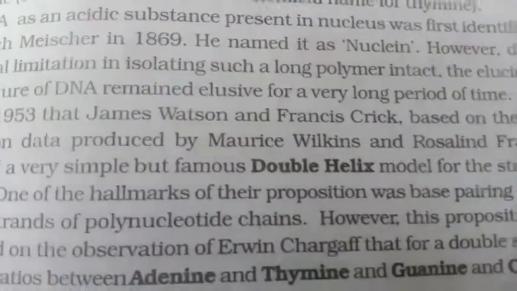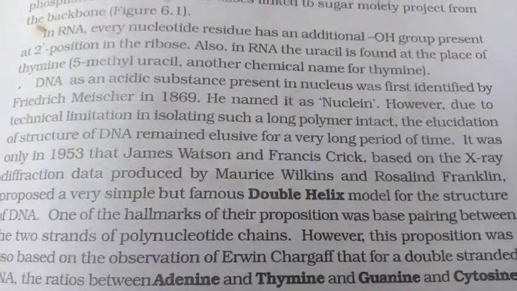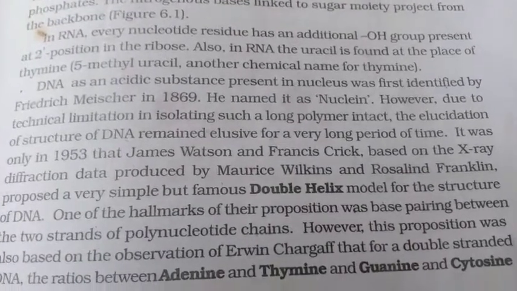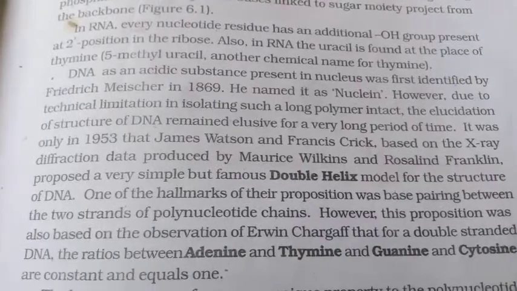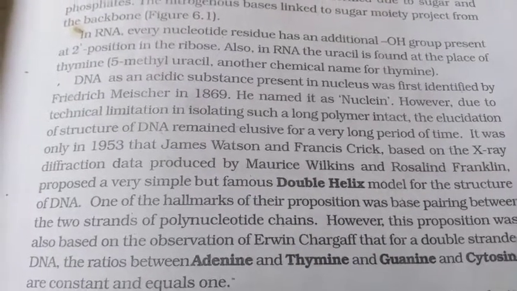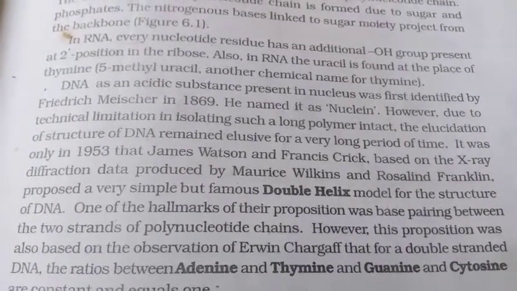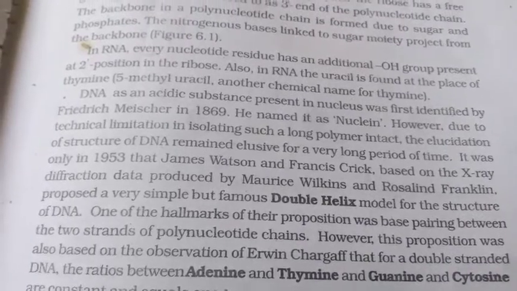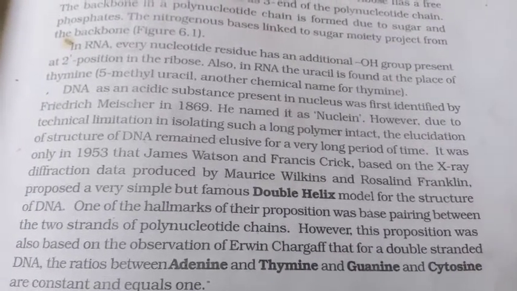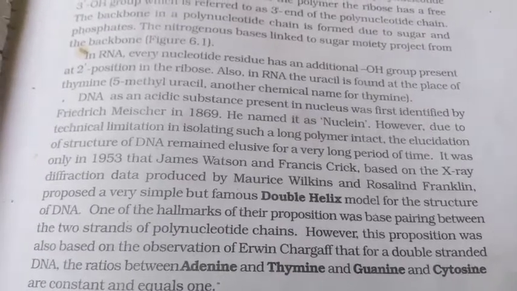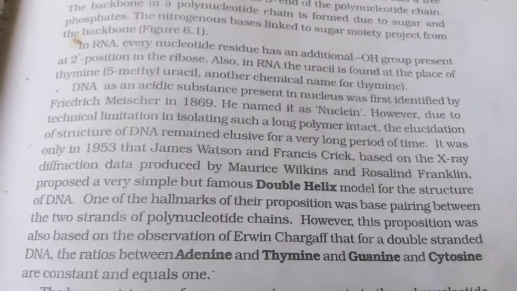One of the hallmarks of their proposition was base pairing between the two strands of the polynucleotide chains. However, this proposition was also based on the observation of Erwin Chargaff that for a double-stranded DNA, the ratios between adenine and thymine and guanine and cytosine are constant and equal to 1.